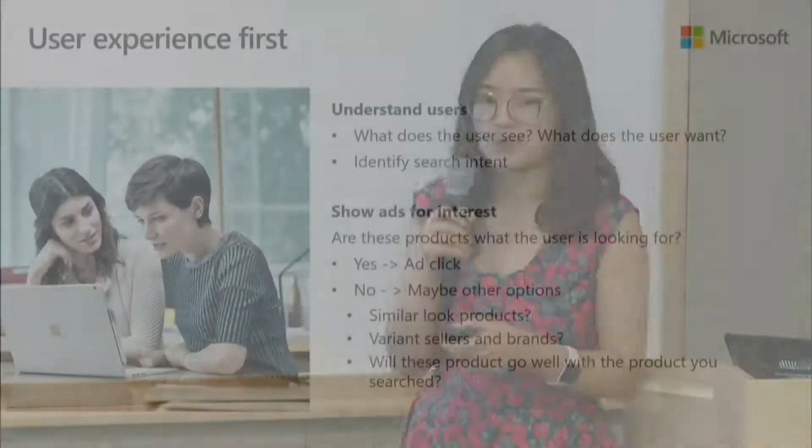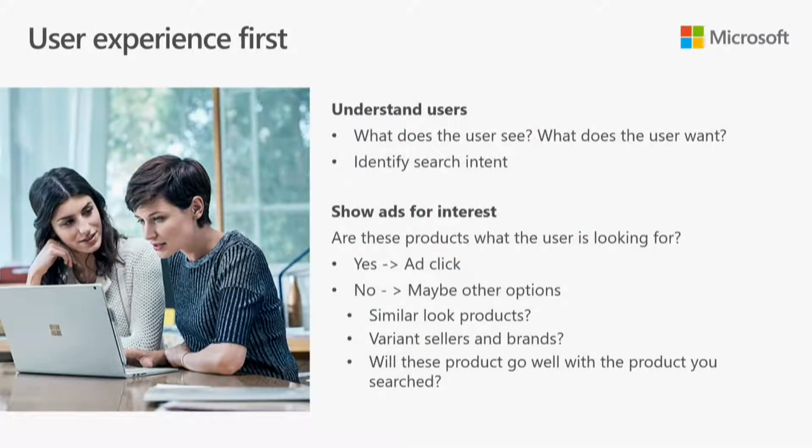So our first target is to understand what the user is looking for, what they want to search. If we show ads for users, we show the ads of their interest. If there is interest, then there will be a click, which means we did a good job.